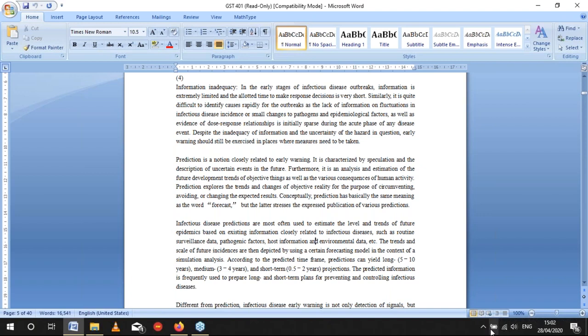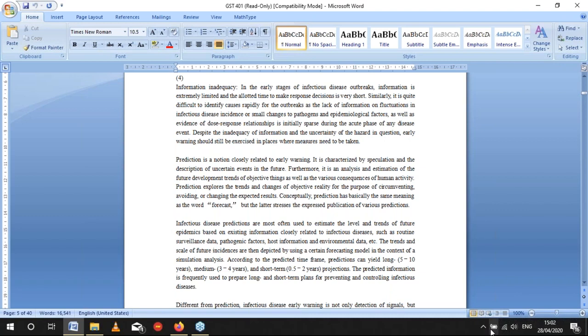Lastly, early warning methods are based on easily available and limited information, and it leads to qualitative results.